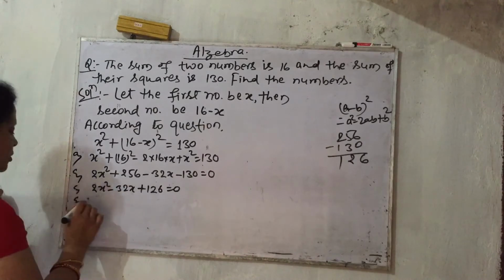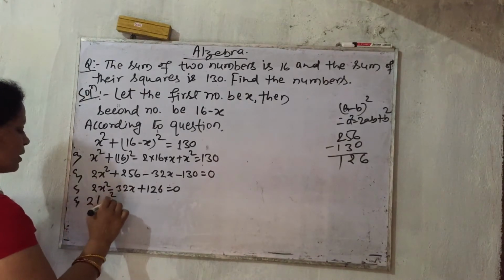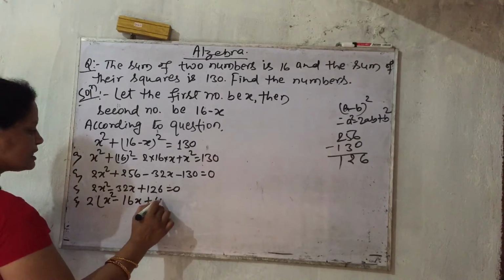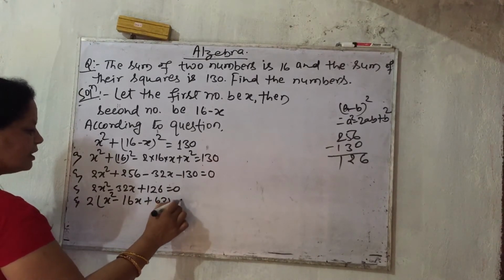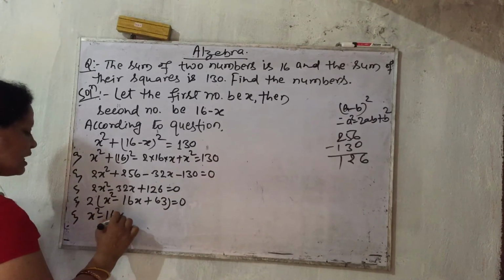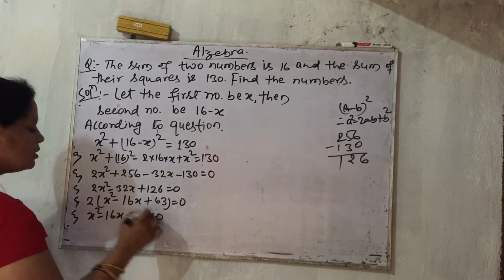Let's take 2 common: x square minus 16x plus 63 equals 0.